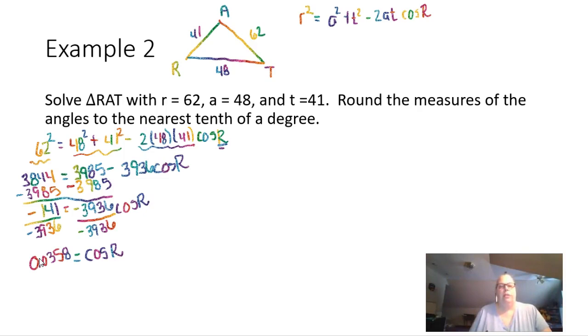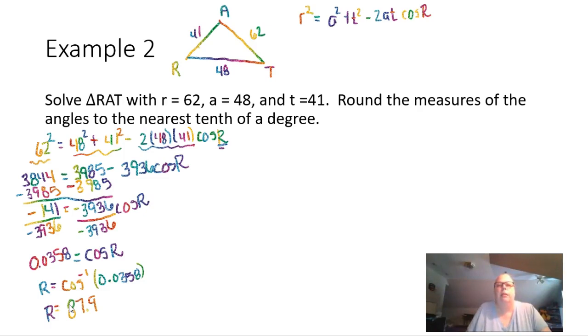So if the cosine of r is equal to 0.0358, it must be true that angle r is equal to the inverse cosine of 0.0358. And when we put this in the calculator, be sure you're in degrees, we'll know what angle r is equal to. And it looks like r is equal to 87.9.